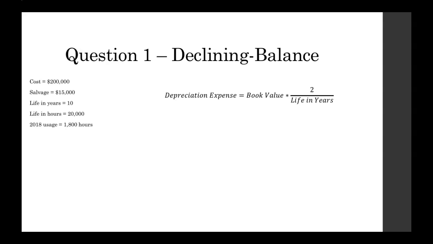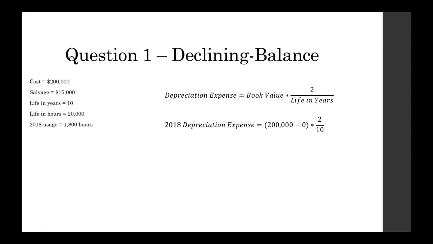Now, book value. What does book value mean? Well, book value is your cost, so for us, that's the $200,000, minus your accumulated depreciation. So how much have you depreciated this equipment for so far? Going into 2018, we haven't depreciated at all because we just got this equipment, right?